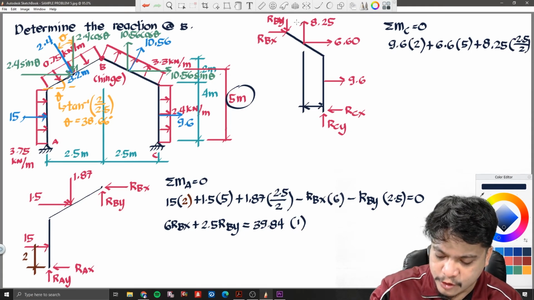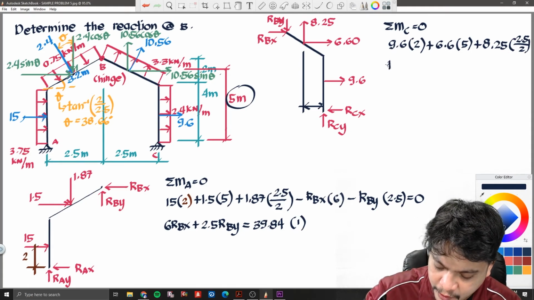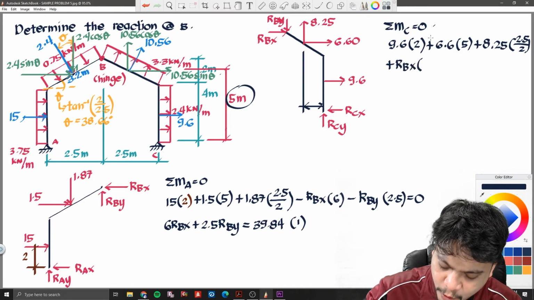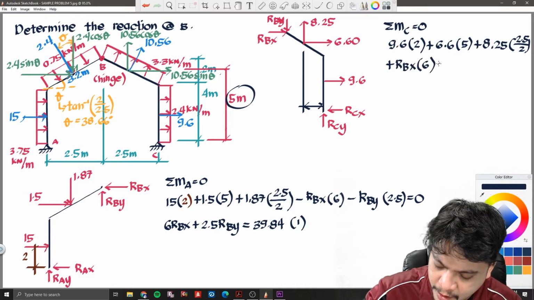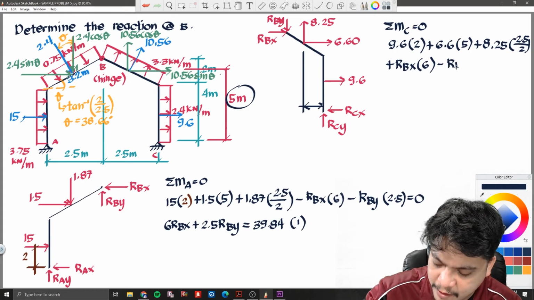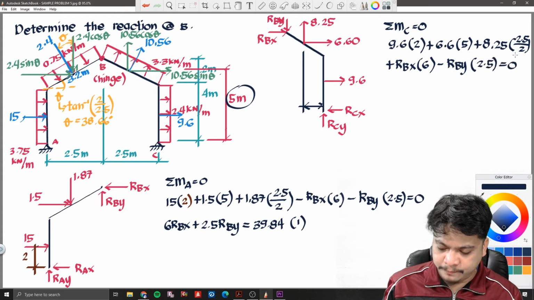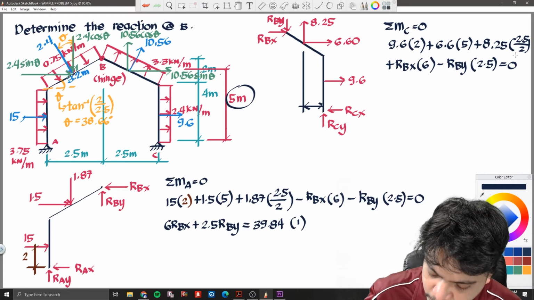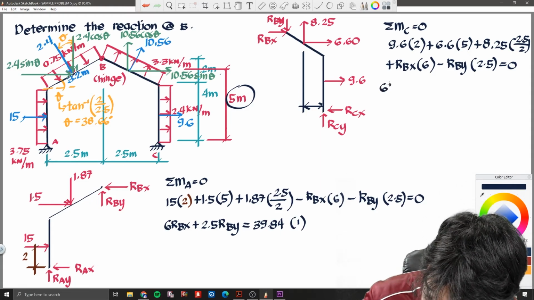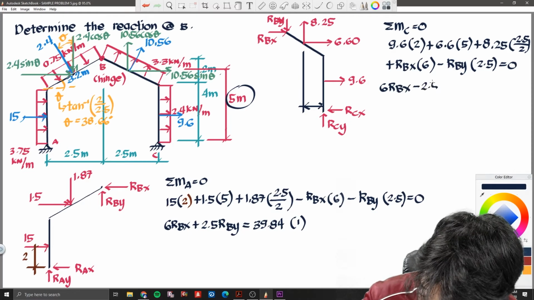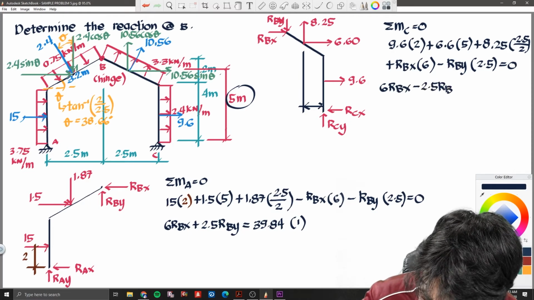Okay? So, next, we will be having here the RBX. Okay, the moment arm is 6. And then minus, you will be having here the RBY. And then multiplied it by 2.5. Okay, and then equal to 0. Rearranging. So, you can have it as 6 RBX minus 2.5 RBY.